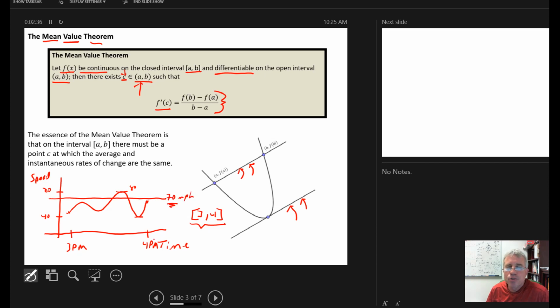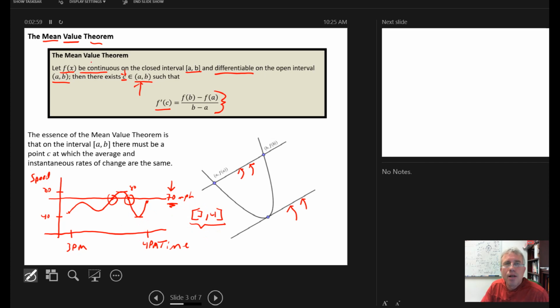There was your average. So what the mean value theorem really is saying is that if your average speed was 70, there must be some point, at least one point during the trip when you were doing exactly 70 miles per hour. And that can happen more than one time over that time interval.